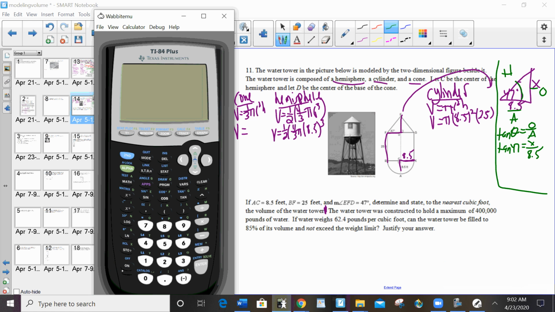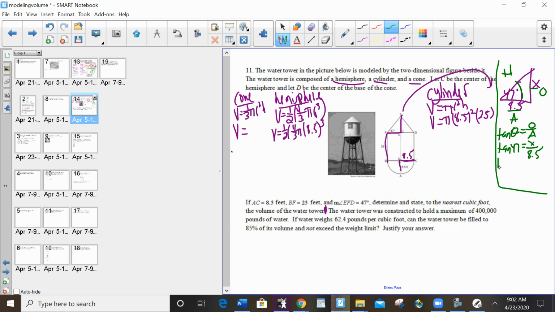Go to my calculator. Let's make sure I'm in the right mode. I'm in degree mode, which is good. I'm going to type in tan of 47. 1.0723 dot dot dot equals x over 8.5. Cross multiply. x equals 1.0723 times 8.5.